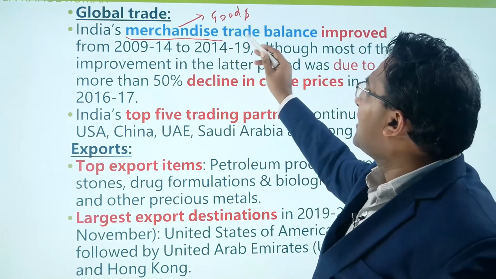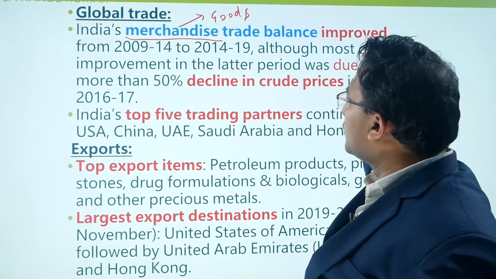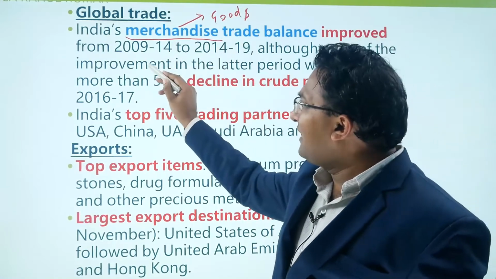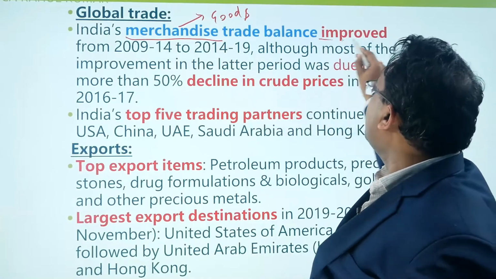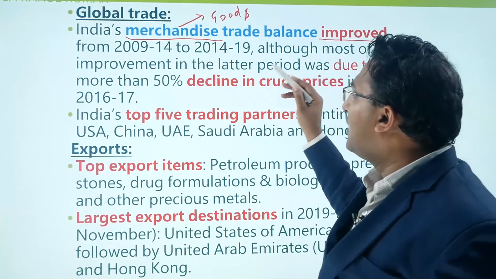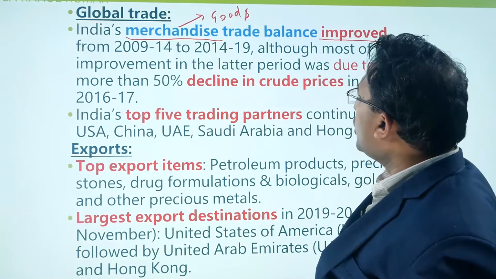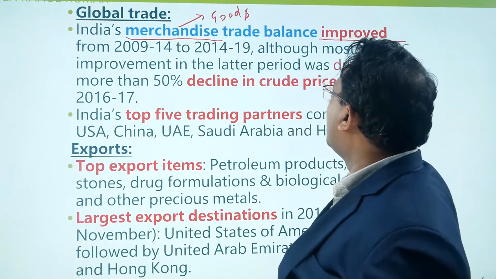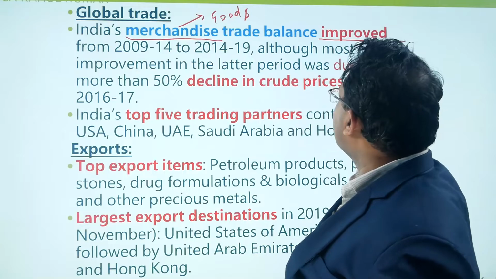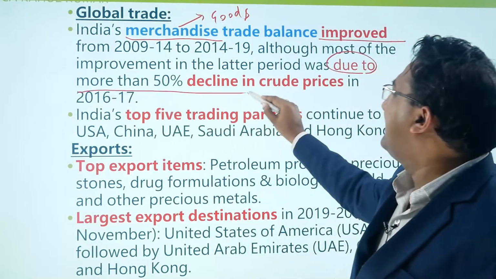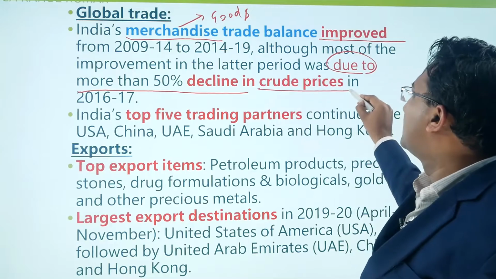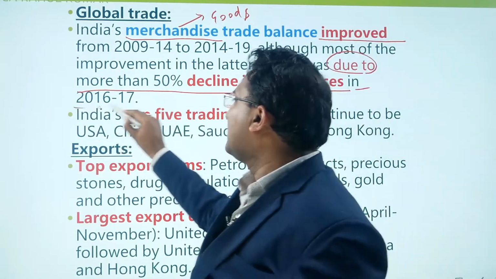India's merchandise trade balance improved from 2019 914 to 1419. So there is an improvement in the trade balance, although most of the improvement in the later period was due to, so what was the reason? Due to more than 50% decline in the crude prices in 16-17.